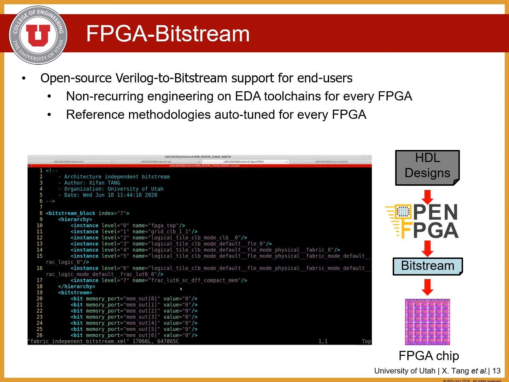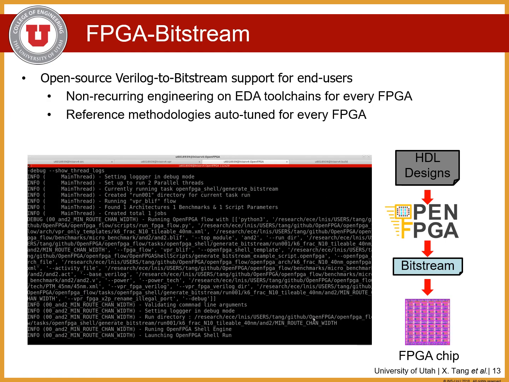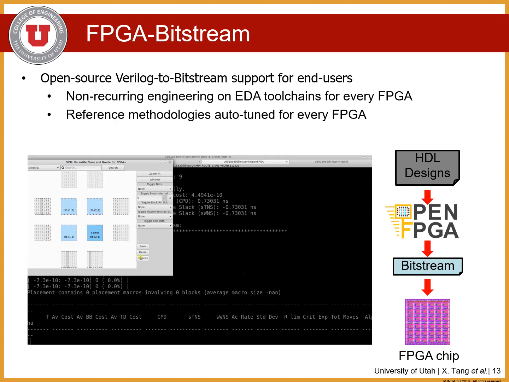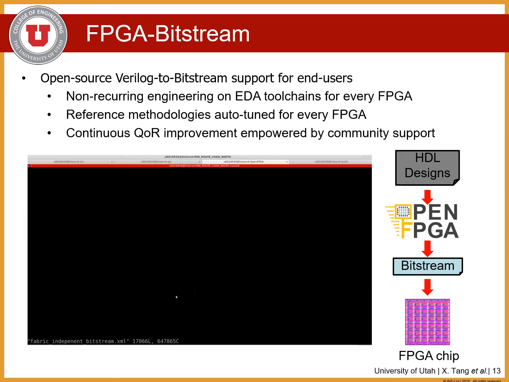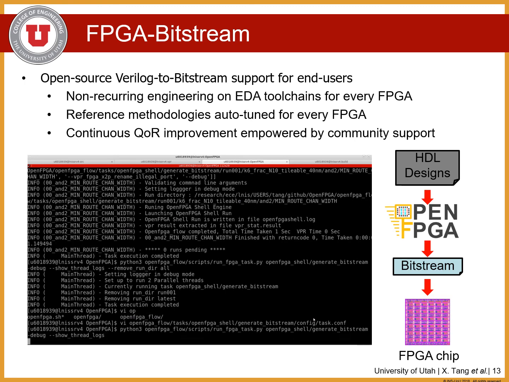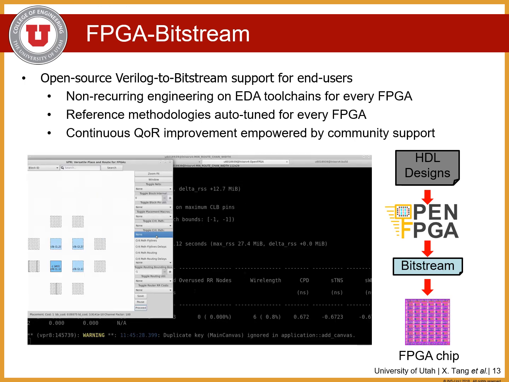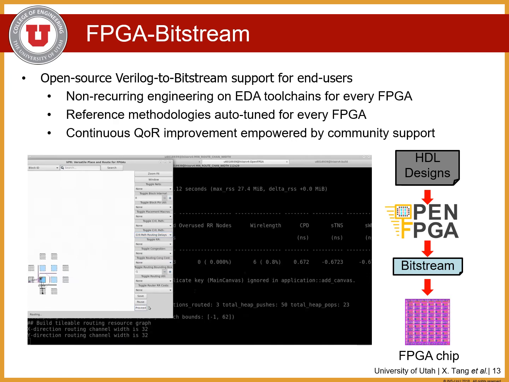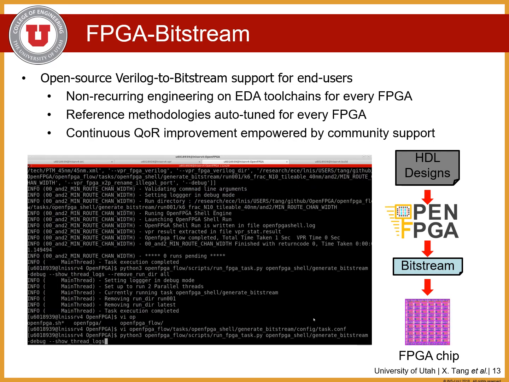We also offer many reference methodologies which are auto-tuned for FPGA fabrics. So we can make sure that the FPGA toolchain is auto-tuned for your customized FPGA fabric. More importantly, thanks to the open source nature, users can continuously benefit from the quality of result improvements from the open source community support.